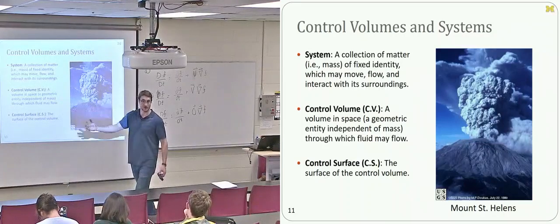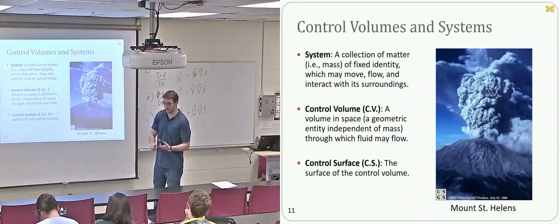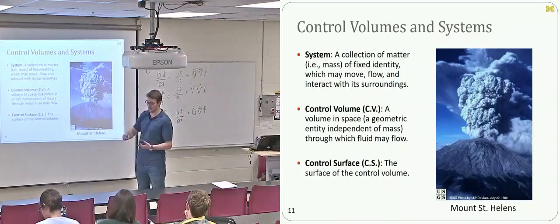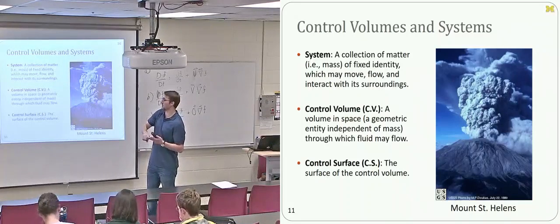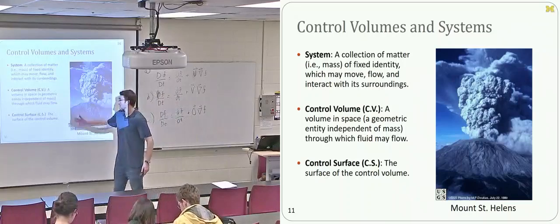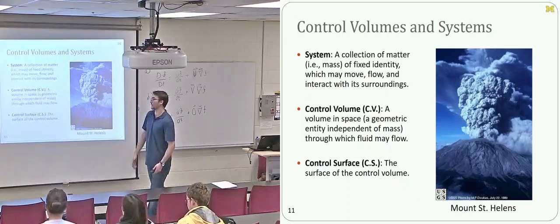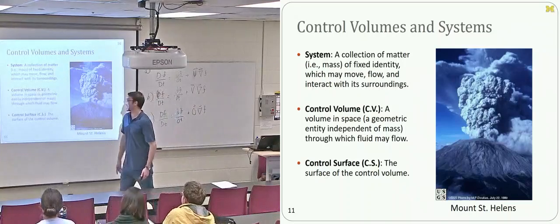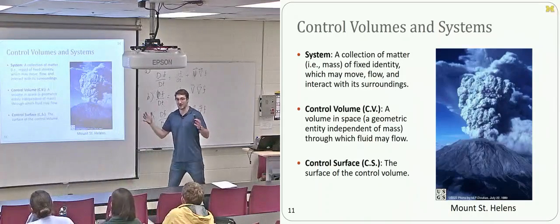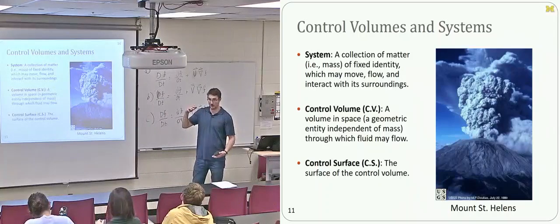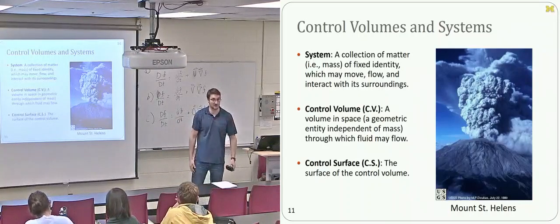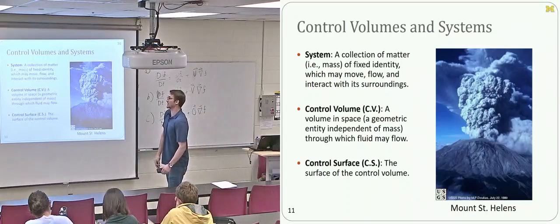If we had the Lagrangian idea of a fixed particle, and now moving to multiple particles, that's a system, then the Eulerian representation of a point in space, we turn that into a higher dimensionality, we now have a volume in space, which we call a control volume. And a control surface we define as the surfaces making up the control volume. If you've got a cubic control volume, it's just a cube in space, then the sides of that cube, all of the flat planar surfaces, make up your control surfaces.